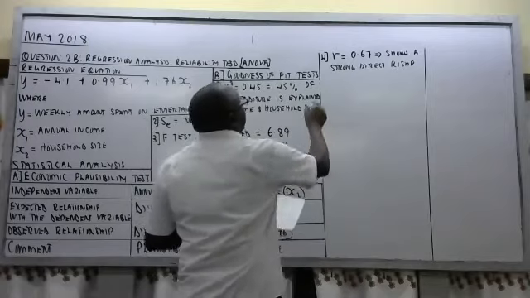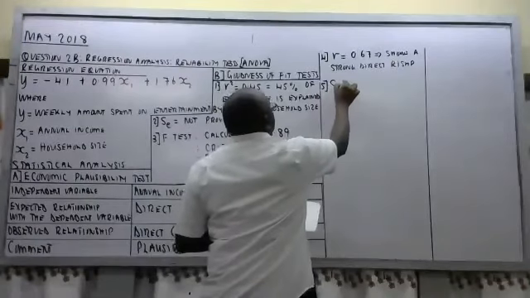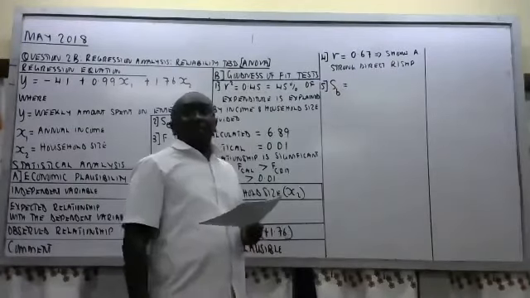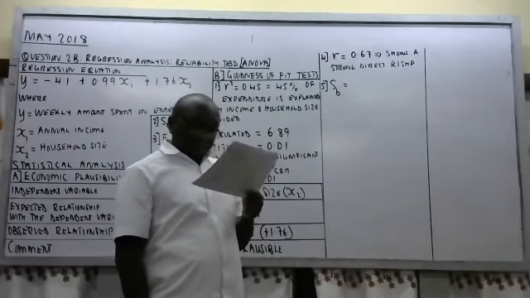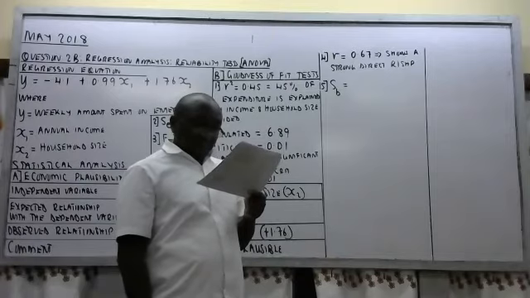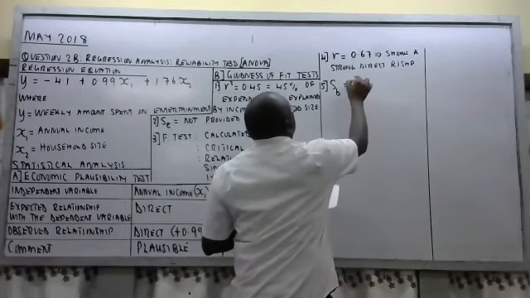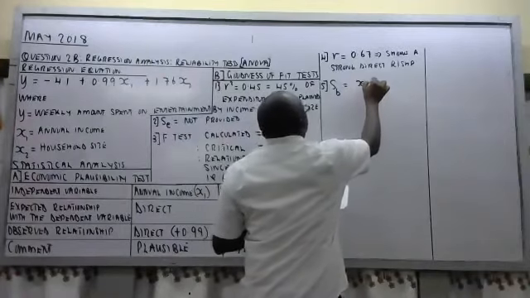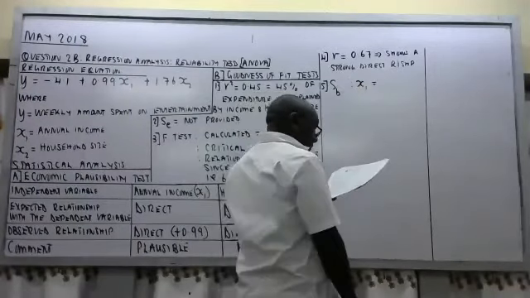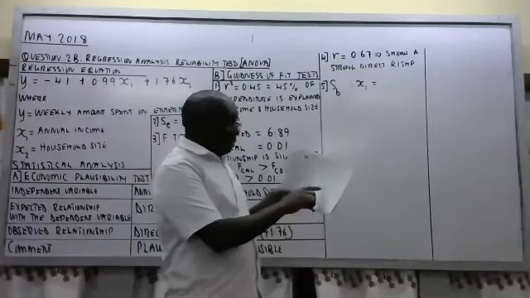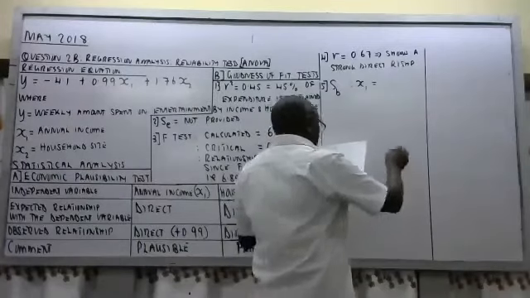The next one is number 5, which we call SB. Now, SB for X1, if you go to the table, you can see income equal to 0.31.